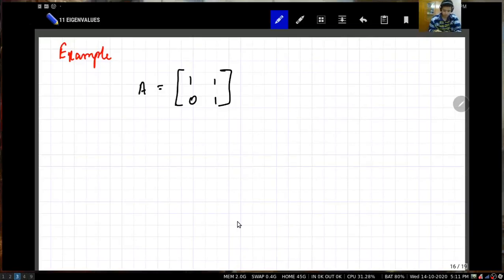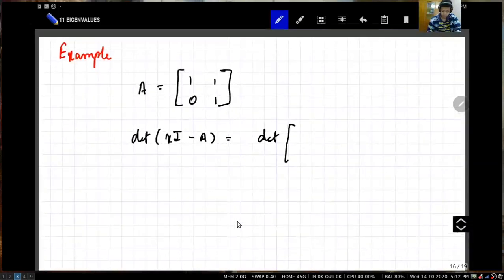So the characteristic polynomial is the determinant of xI minus A. So it is equal to the determinant of x minus 1, minus 1, 0, x minus 1, right?